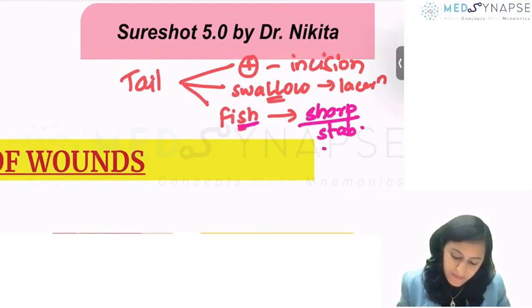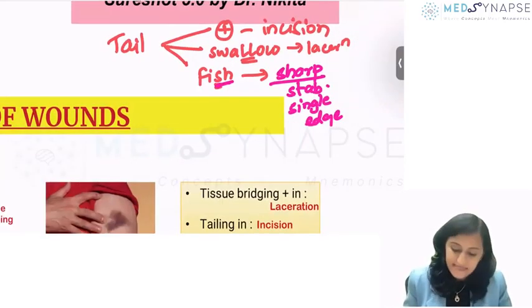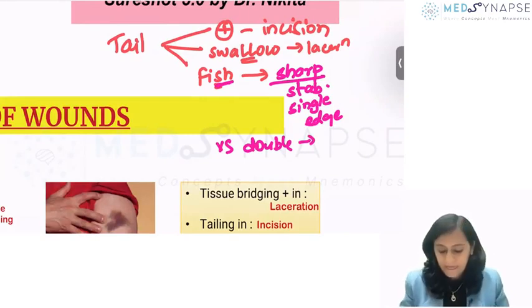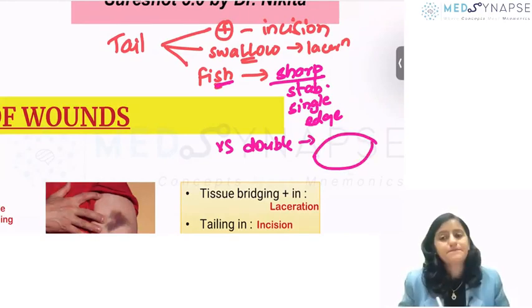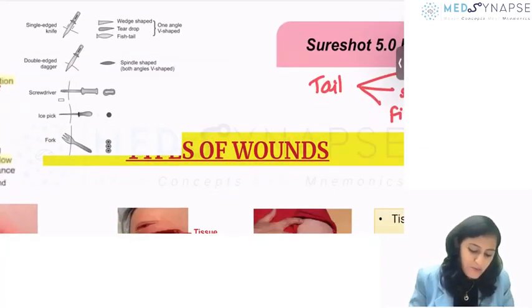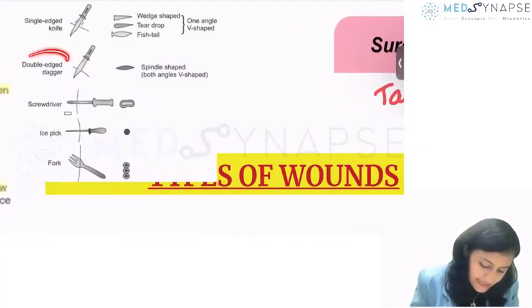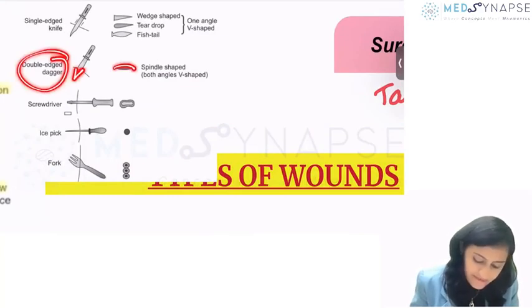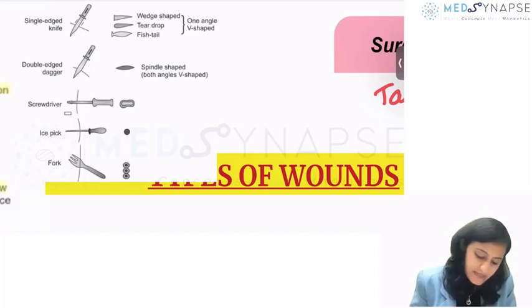Sharp weapon with a single edge. Because if it is a double edge, what do you get with a double-edged sharp? Double is like this. That is going to give spindle shape. So look at this very, very important image-based question here. A double-edged will give spindle shaped. That's going to be V. So V and V. Remember, double-edged is like this.